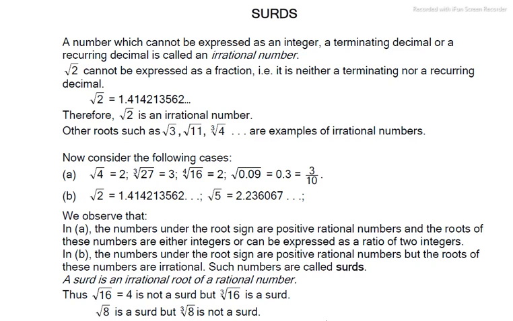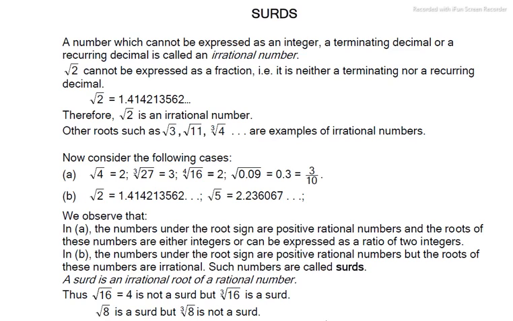Hope we are together. I want us to first differentiate what a rational number is and an irrational number. We've seen that an irrational number is a number that cannot be expressed as an integer or a terminating decimal or a recurring decimal, and we've seen examples such as root of 2, root 3, root 5, and so on.